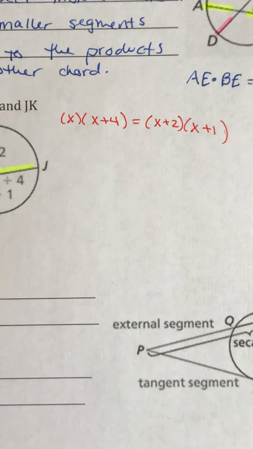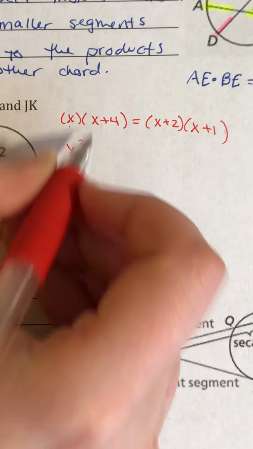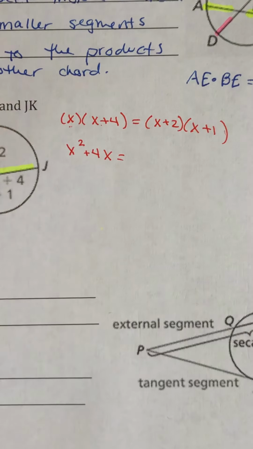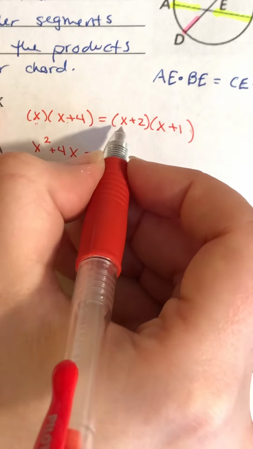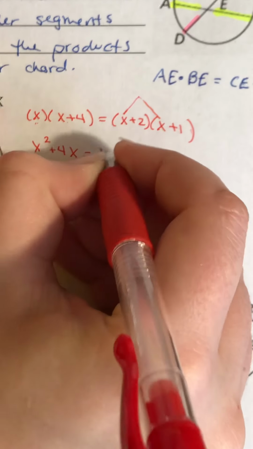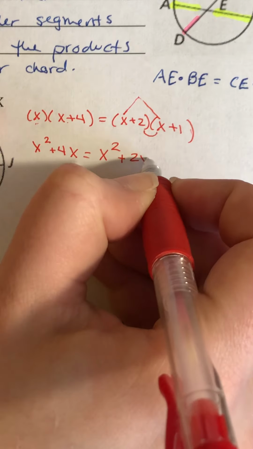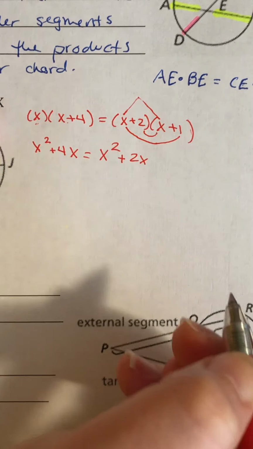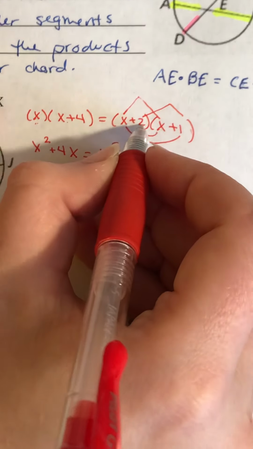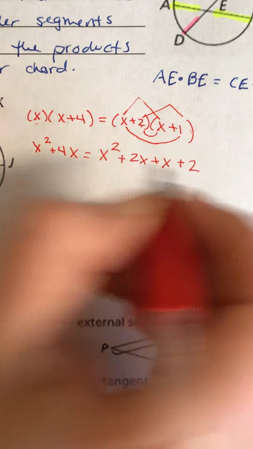So if I FOIL that, x times x is x squared, x times 4 is 4x equals x times x is x squared, 2 times x is 2x, x times 1 is just x, and then 2 times 1 is 2.